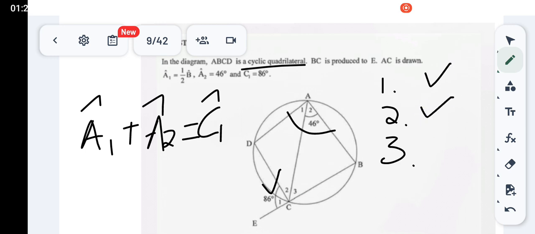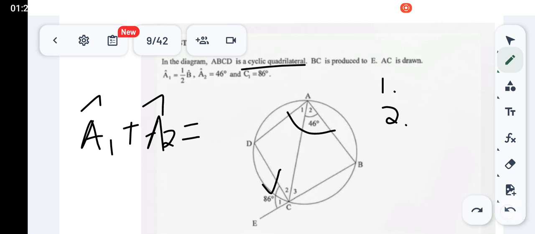Therefore, we can carry on with our statement, and they are saying BC is produced to E, AC is drawn, angle A1 is half of angle B. That's very important. And they are saying angle A2 is equal to 46 degrees, and angle C1 is equal to 86 degrees. Now, with the whole interpretation, we can therefore answer the questions.